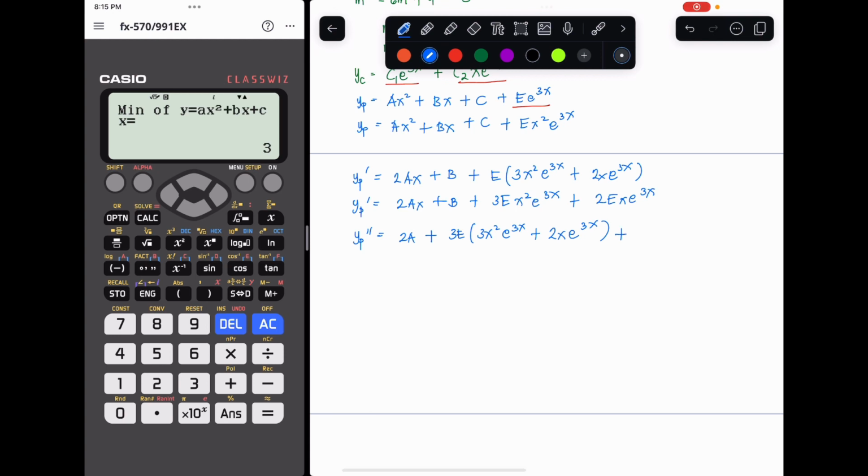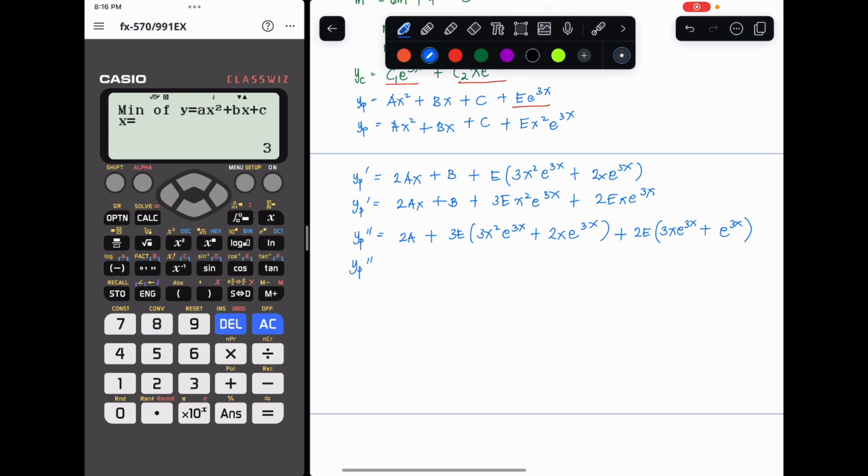And then plus 2E times x e raised to 3x, which is a product rule again. So u is x, the derivative of e raised to 3x is 3 e raised to 3x, plus e raised to 3x, since the derivative of x is just 1.